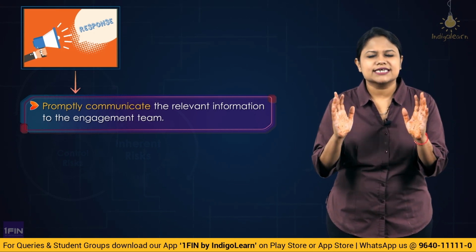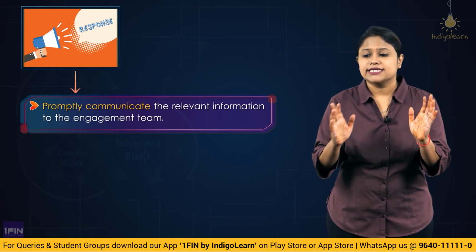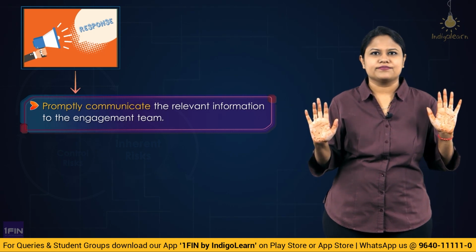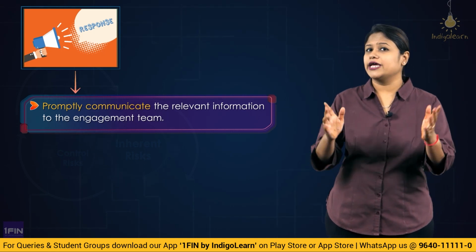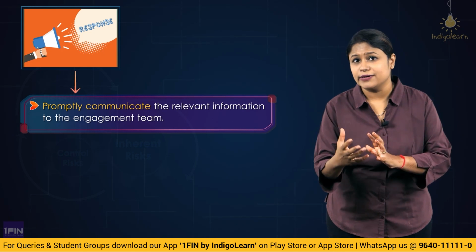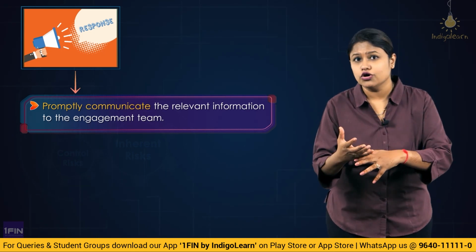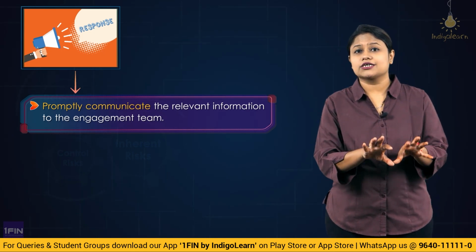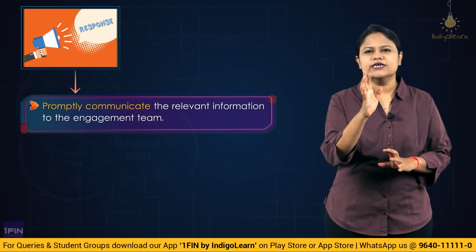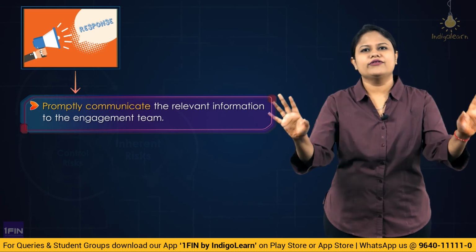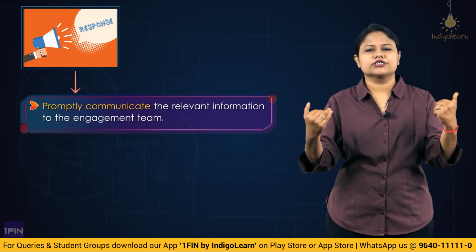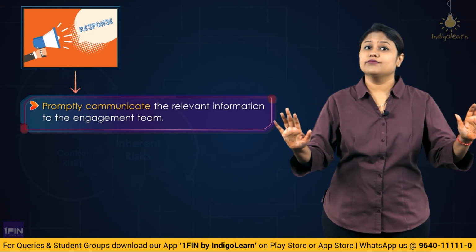Tell them quickly that look, we have identified a related party, because they will also become alert that there could be a possibility of manipulation in some more areas, and we could identify more undisclosed related parties. So first, the auditor, once he gets to know about it, communicates promptly to every other engagement team member.